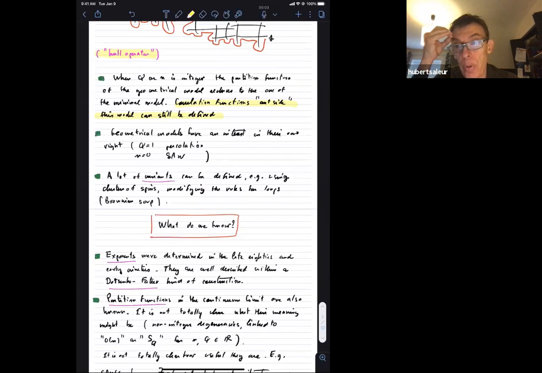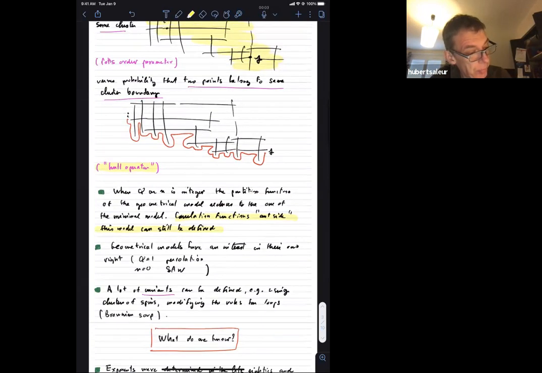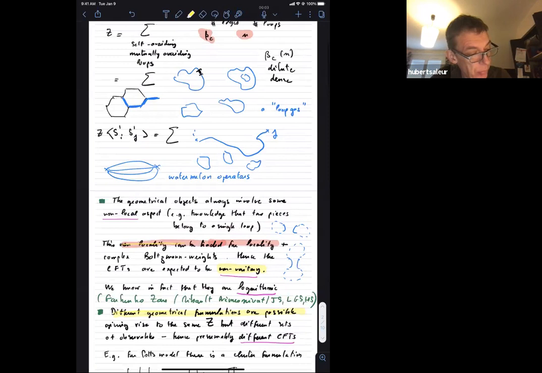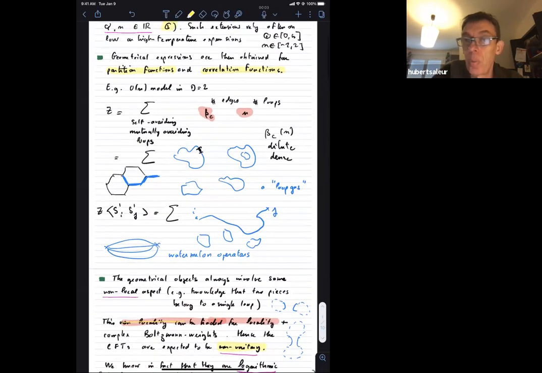Of course, also, once you've allowed yourself geometrical formulations, you can play with these models and change the rules of the game. For instance, if you have a loop model, you could decide to modify the rule. For instance, you could decide that the loops could be Brownian loops instead of self-avoiding loops.